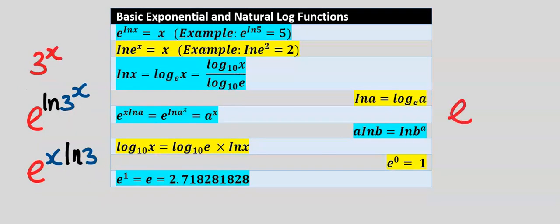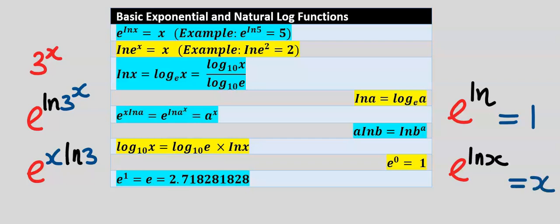Recall that exponential multiplied by natural log is equal to 1, just as exponential in x is equal to x. Remember, here there is a 1. This is one method of approaching the problem. But in this video, I'm going to use taking the natural log of both sides.